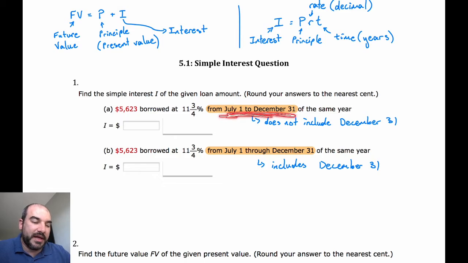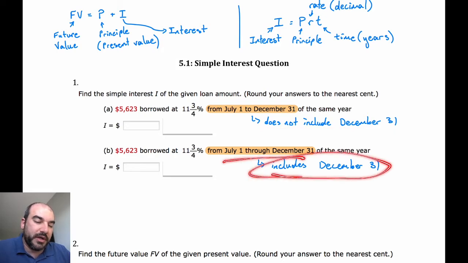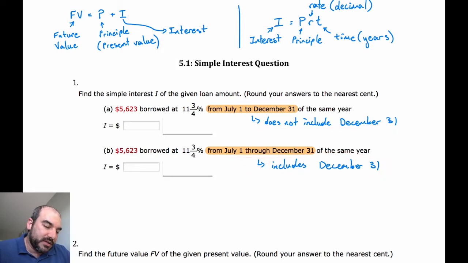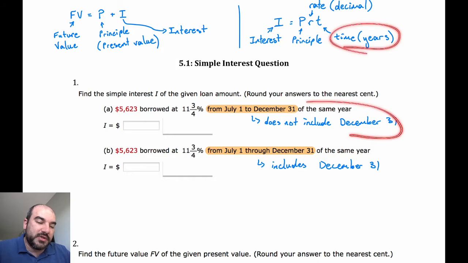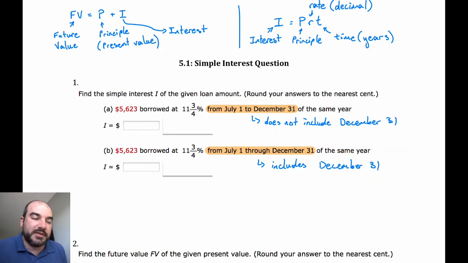You need to figure out how many days that is from July 1st to December 31st, not including December 31st, and you're going to do the same thing, but you're going to include December 31st. So when you get to the formula part, the time, this one should be one less day than this one. Now, granted, you still have to put that into years as your units, but there's going to be a slight difference because this doesn't include December 31st and this one does include December 31st.